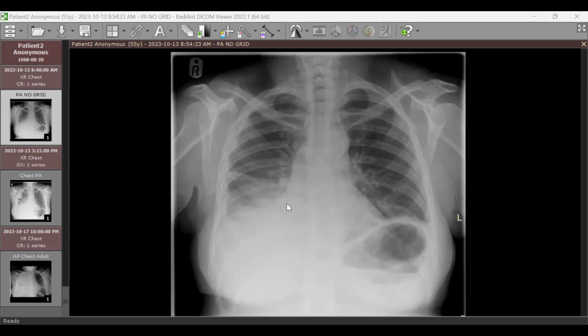So there is consolidation involving two lobes. And as you said, there is obliteration of the costophrenic angle on the right side, which means there is a possibility of fluid in the pleural cavity. Also, there is some opacity here, probably at the horizontal fissure. Now, I'm going to show you another X-ray only 2 days from this one.